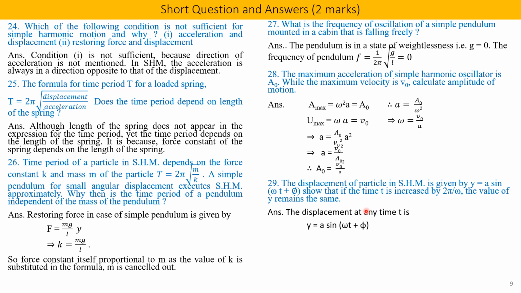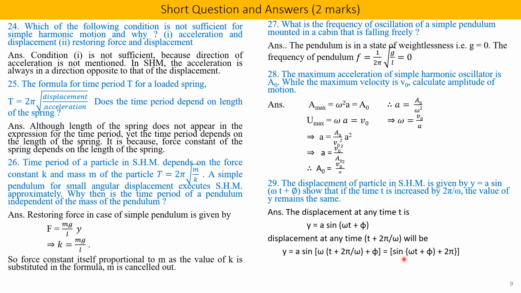So the displacement at any time is given by y equals a sin(omega t plus phi). The displacement at time t plus 2 pi by omega will be given by the relation; the period is 2 pi by omega. Therefore, y equals a sin(omega(t plus 2 pi by omega) plus phi), which repeats after the period.